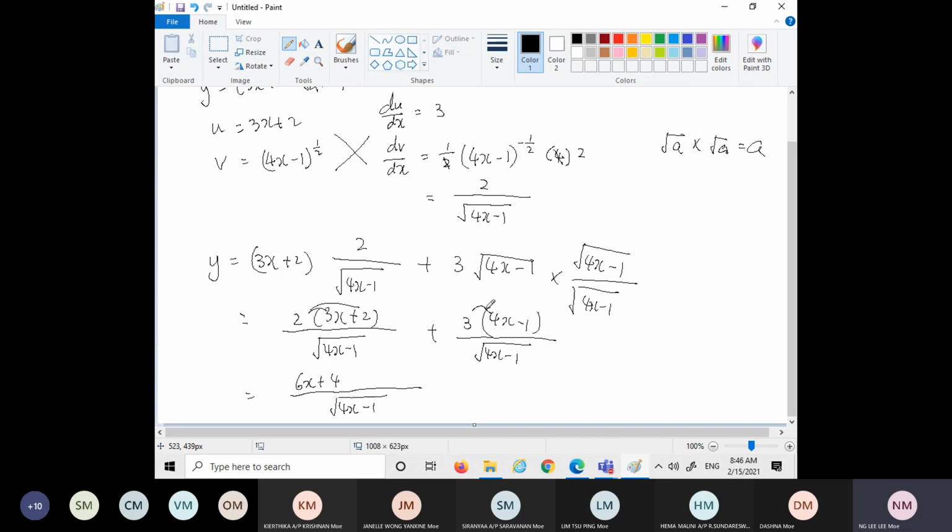This one also I expand, after I see whether I can combine it, 12x minus 3. So 6 and 12 is 18x. 4 minus 3 is 1. Then my answer is the same as your textbook answer.